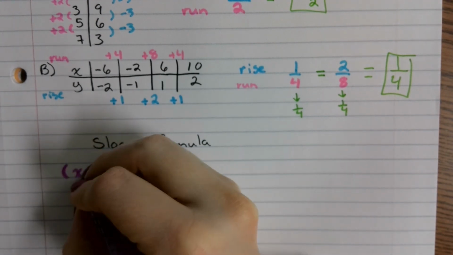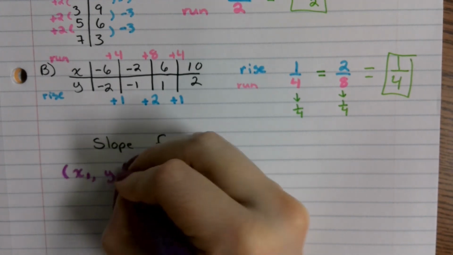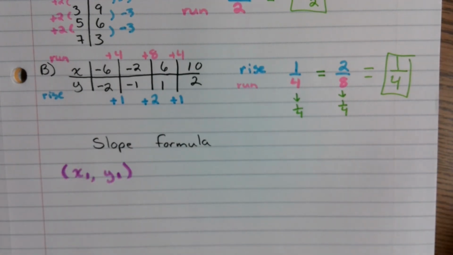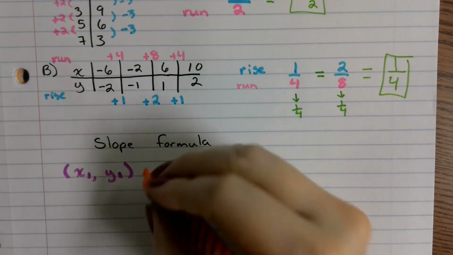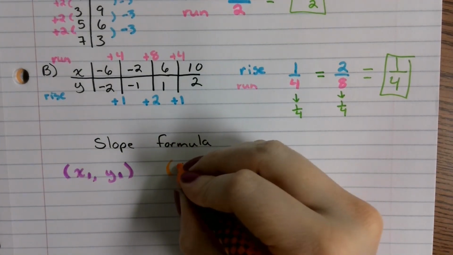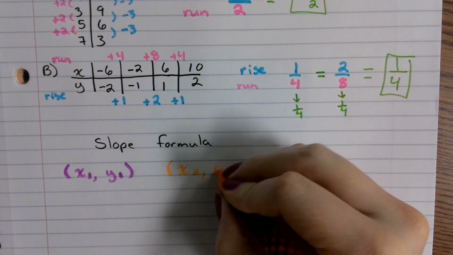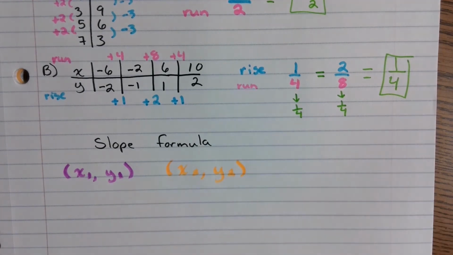So we have x1, y1, our first point. And then we have x2 and y2. That's our second point.